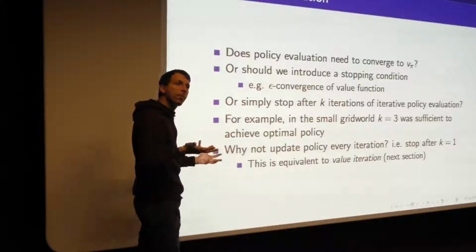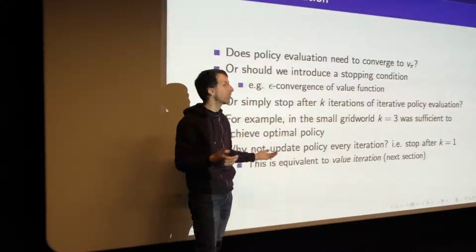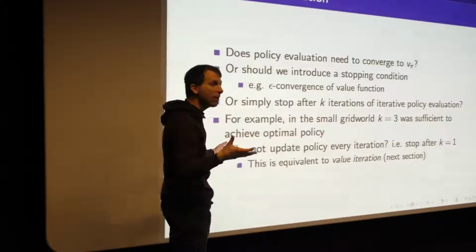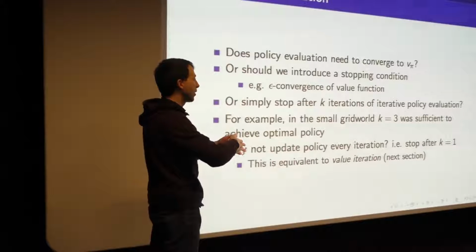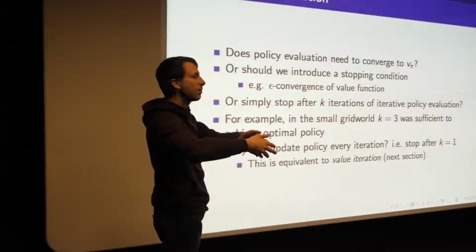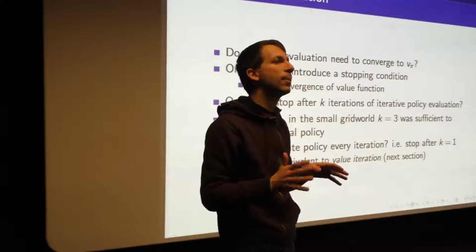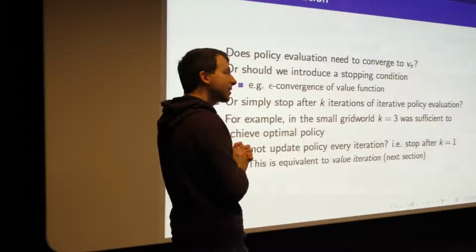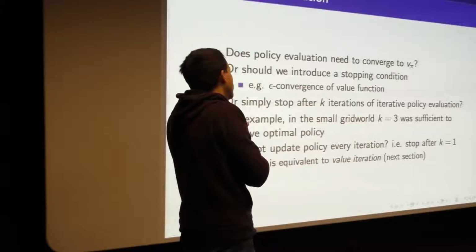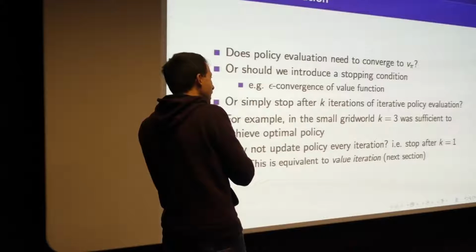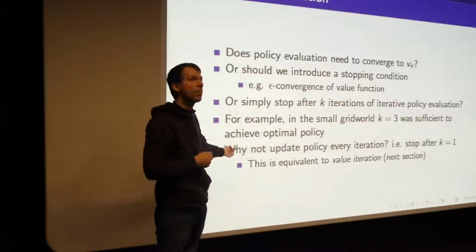But even that would probably be wasting effort. So what happens if we do something more naive, like take k iterations of iterative policy evaluation, like 3 in the small grid world, and then improve your policy? This is a perfectly reasonable algorithm, and it still converges to the optimal policy. I'm not going to prove that, except in one special case, which is the extreme case, when we stop after k equals 1.